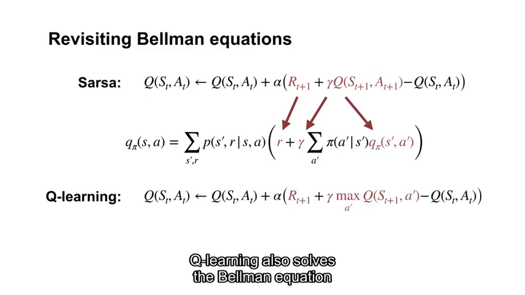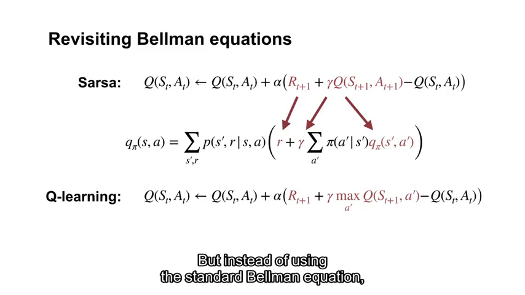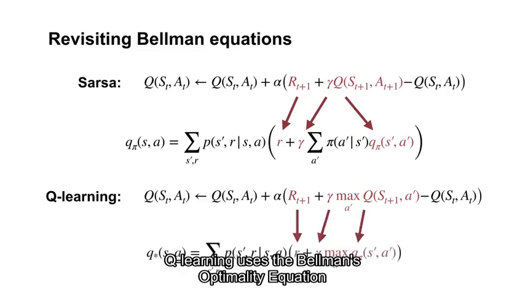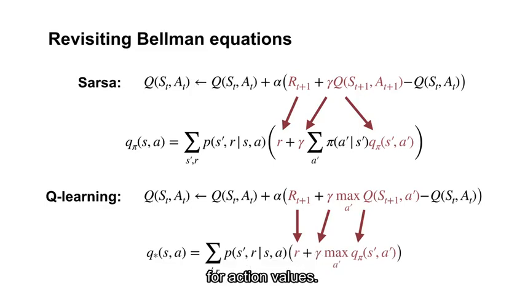Q-learning also solves the Bellman equation using samples from the environment, but instead of using the standard Bellman equation, Q-learning uses the Bellman optimality equation for action values. The optimality equations enable Q-learning to directly learn q-star instead of switching between policy improvement and policy evaluation steps.